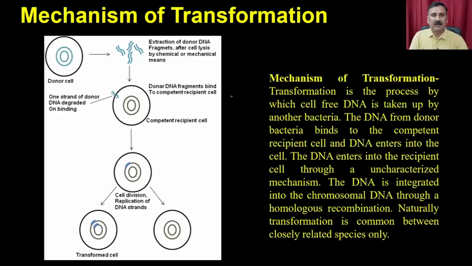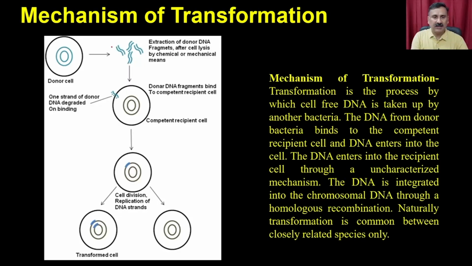How does it happen? You have the donor cell. From the donor cell, the donor DNA or DNA fragment, which has the antibiotic resistance genes or any kind of phenotypic gene, is put into the extracellular media, and then this extracellular media interacts with the acceptor cells.